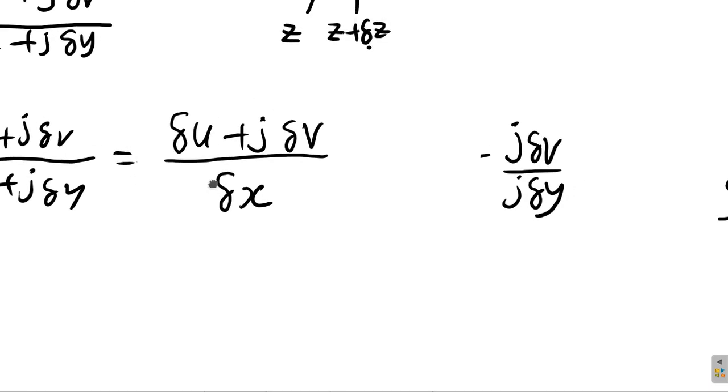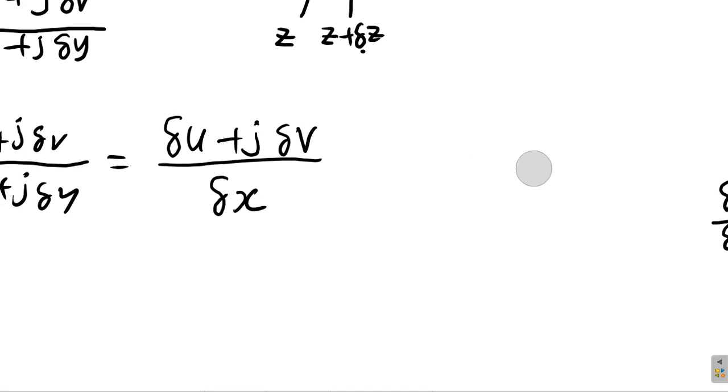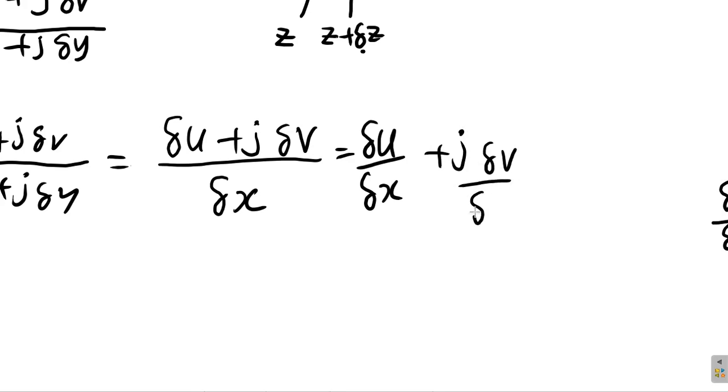So what is this equal to? I had this before. What is that equal to? Well, that would be del u by del x plus j del v by del x. Alright? Now, here. We have this part of things as well.